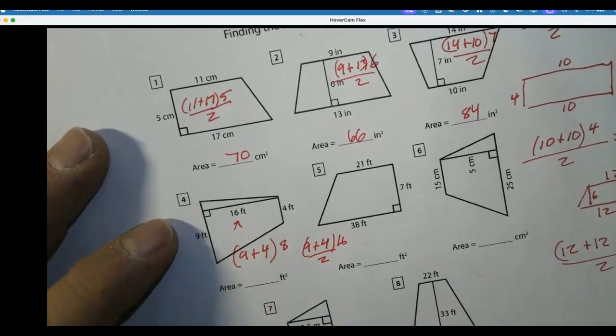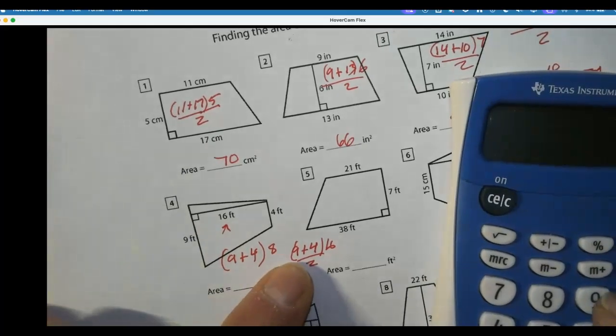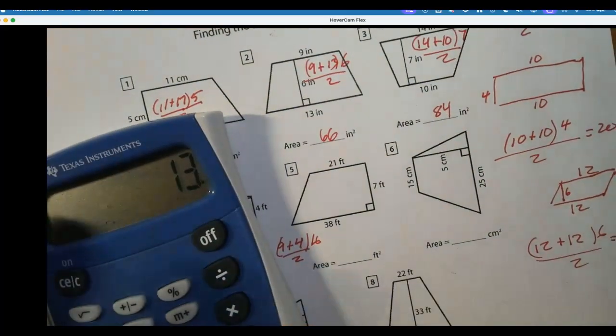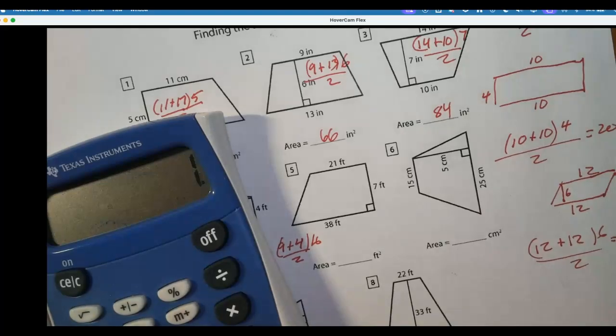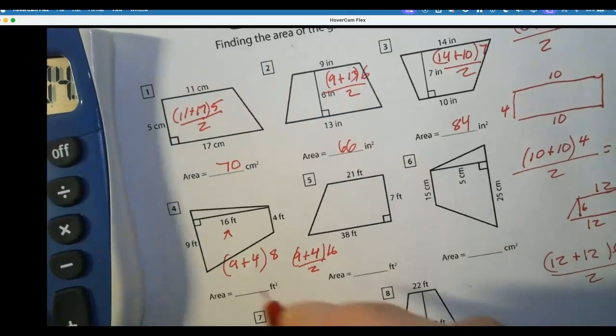Either way works. It gets pretty easy. So I'll do it this way just to keep myself consistent. 9 plus 4 is 13. We'll take that times the height, which is 16. That's 208 divided by 2. We should have 104.